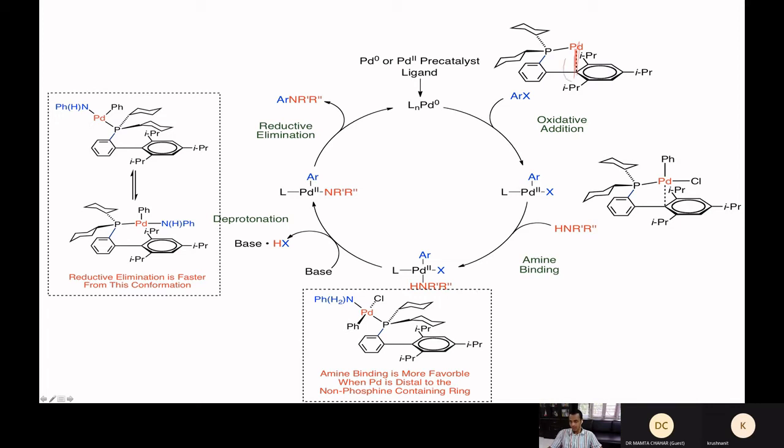You cannot call this strictly a coordination, but enough interaction is there. The crystal structure is known, which shows the interaction between this benzene ring and the palladium. Of course, palladium is also bound with the phosphine.